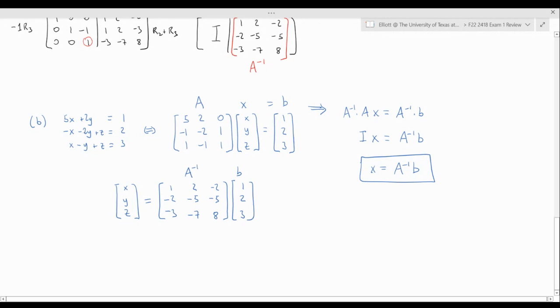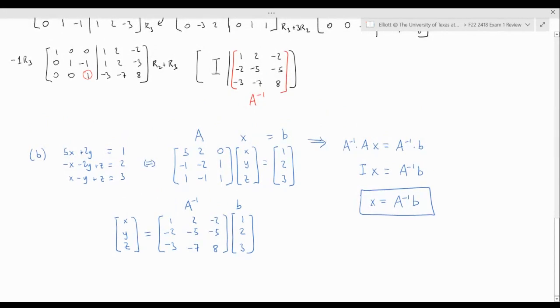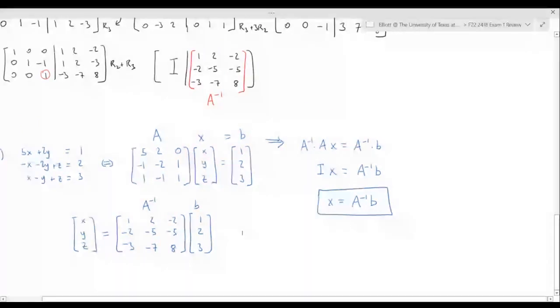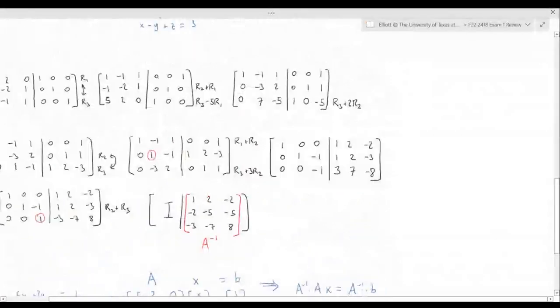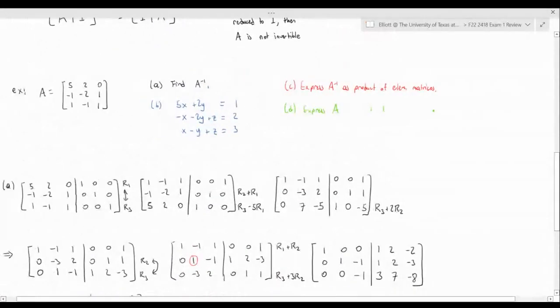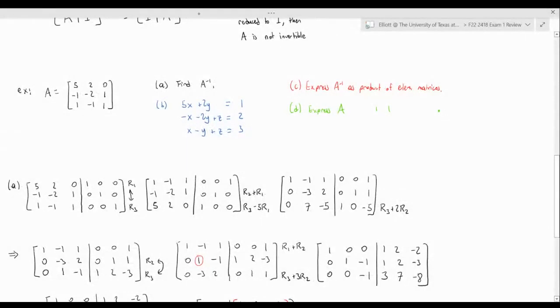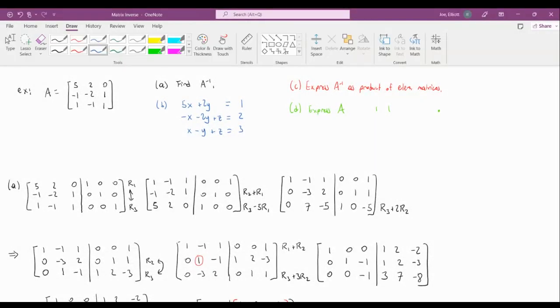And then you would just finish the matrix vector multiplication to get the solution for x, y, z, all right? But I just wanted to illustrate that, yes, once you have the inverse, you could use it to solve a system of equations. But I'll leave it at there because I know you guys seem to really want to get to C and D. So I don't want to take up the time multiplying the numbers out.